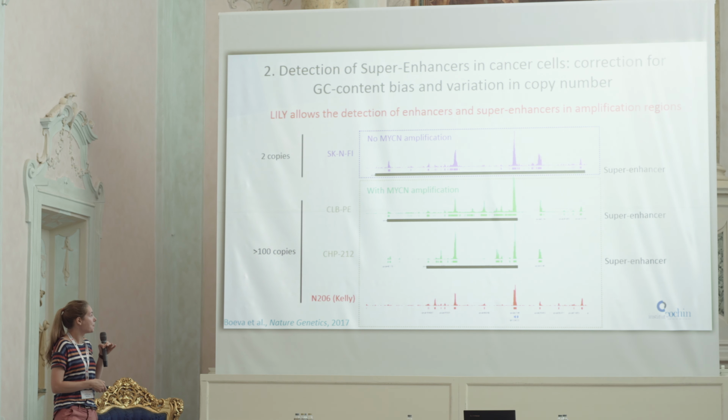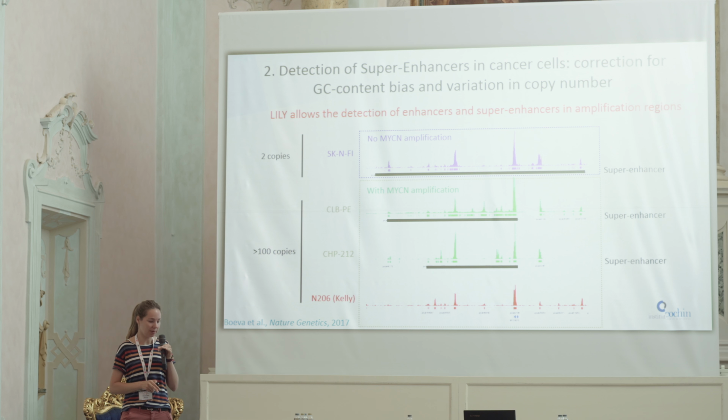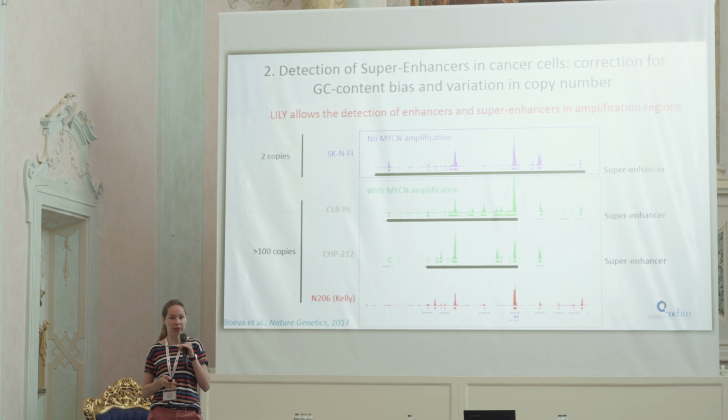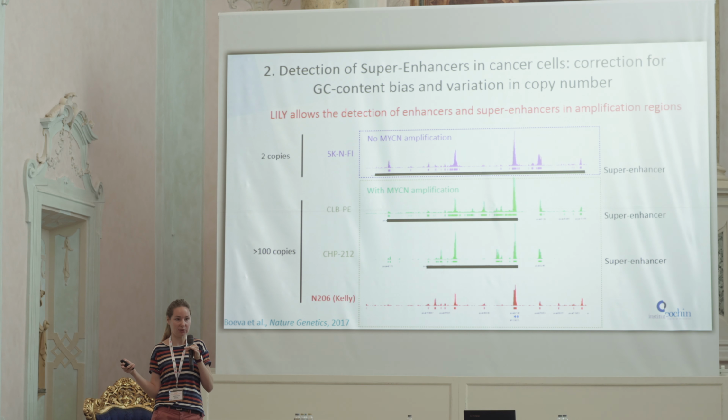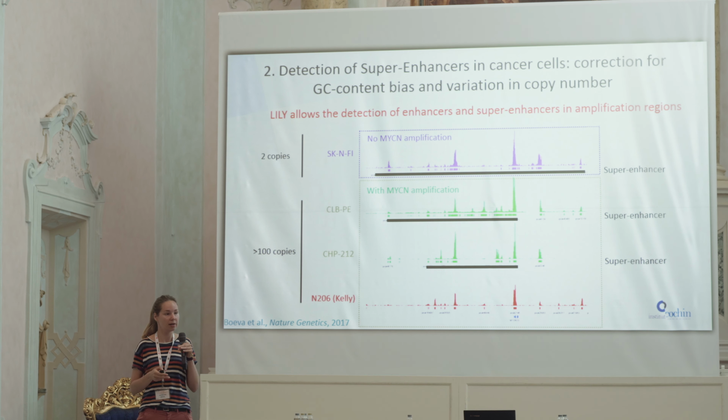All right, so this was the second step for the methods, super enhancer prediction. But then imagine you identified the super enhancers and you want to know which transcription factors can drive these super enhancers. For this, we usually do motif discovery analysis. We look for transcription factor motifs which are enriched in these enhancers or super enhancers.